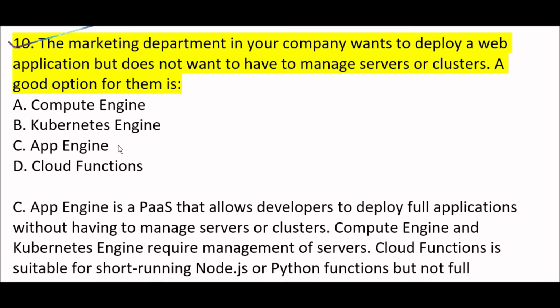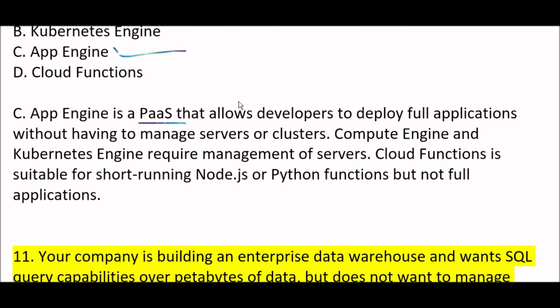Right answer here is option C, App Engine, because App Engine as a PaaS, meaning platform as a service, allows developers to deploy full applications without having to manage servers or clusters. Compute Engine and Kubernetes Engine require management of servers. Cloud Functions is suitable for short-running Node.js or Python functions but not full applications.